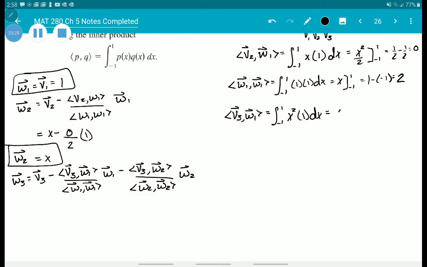When we integrate, we get x cubed over 3. If I plug a 1 in, I get 1/3. If I plug -1 in, I get -1/3. So we're going to get 2/3 for that inner product. We need to find V3 with W2.